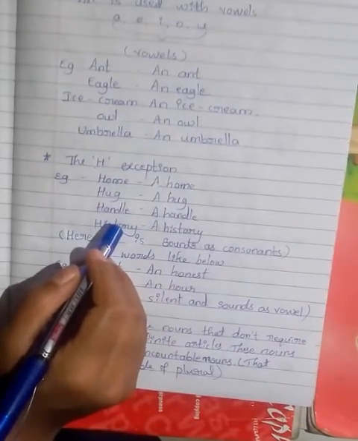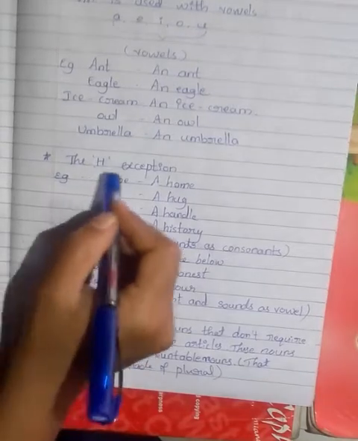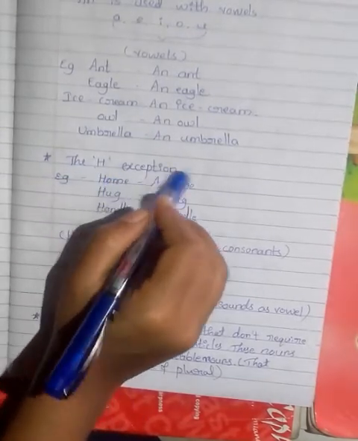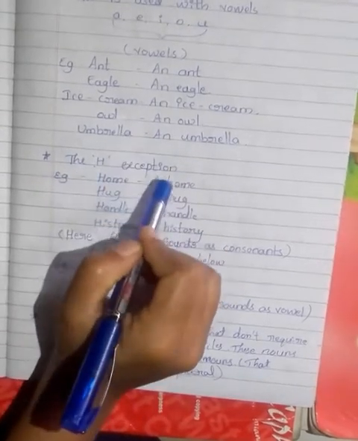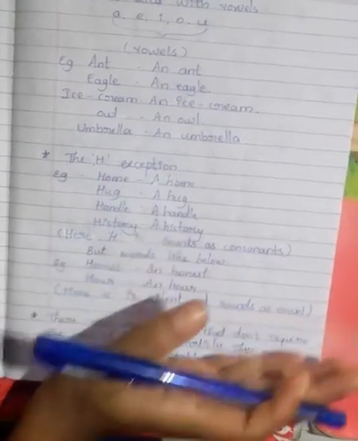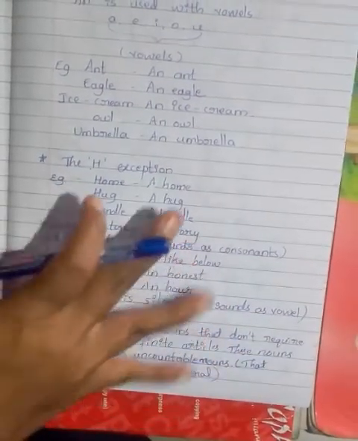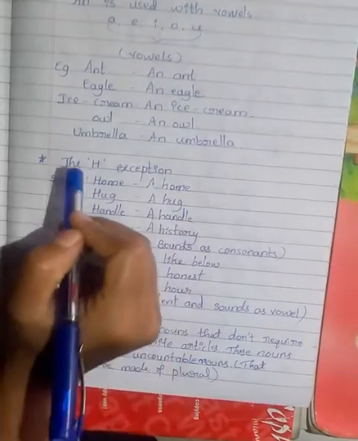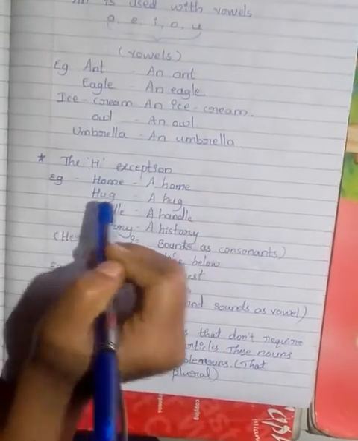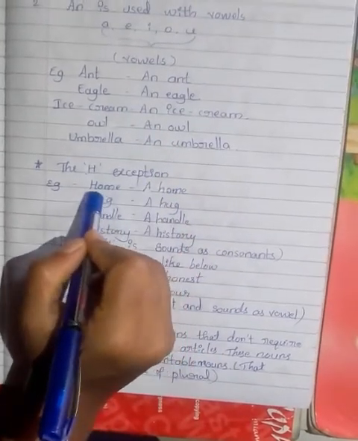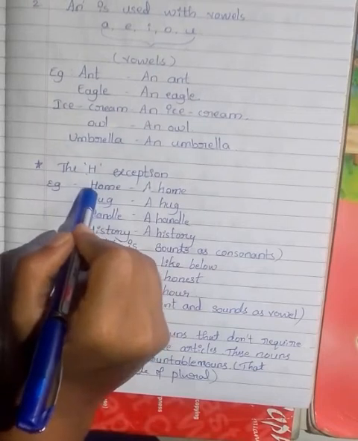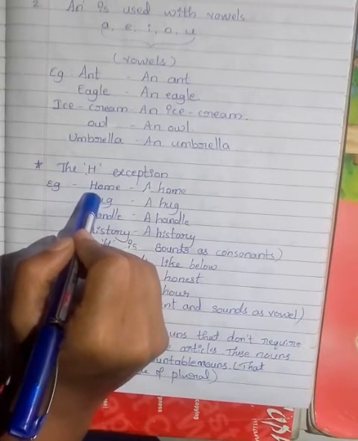Let's see how to use H. The H exception. This is not about the definite article or indefinite article, students, but some changes are here. Let's learn that now. Okay. See the H exception. For example, see home. Here you can see H is used as a consonant, students. Understood?